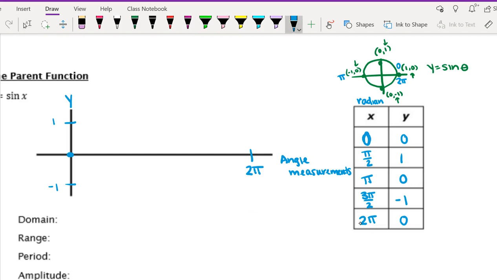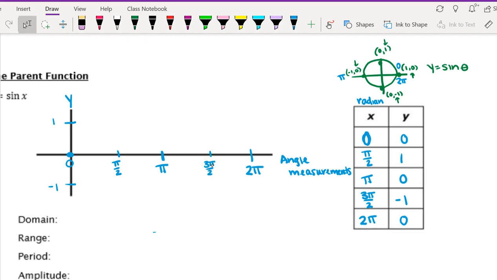So what's halfway in between is pi. What's halfway in between 0 and pi? Halfway in between 0 and pi is pi over 2. Halfway in between pi and 2 pi is 3 pi over 2.